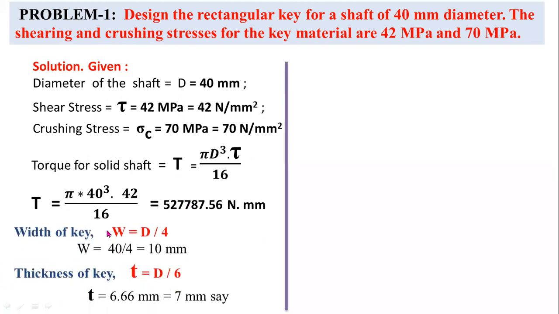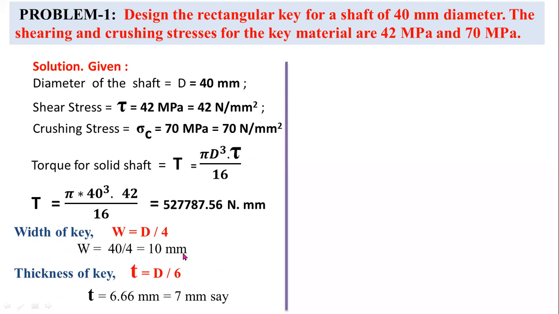After getting the torque value, you have to determine the suitable size of key, that is the width and thickness of the key. Already we know that for a rectangular key, the width of the key equal to diameter of the shaft divided by 4. So substitute the diameter 40 mm divided by 4.